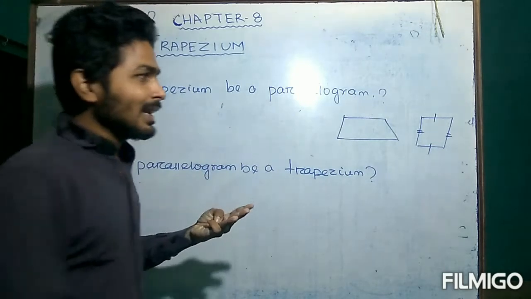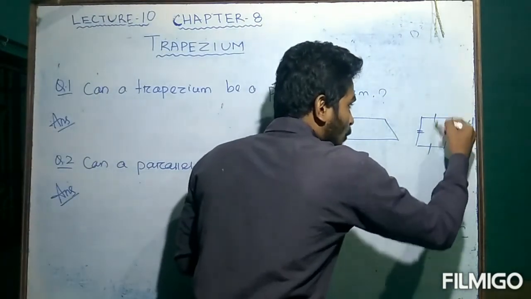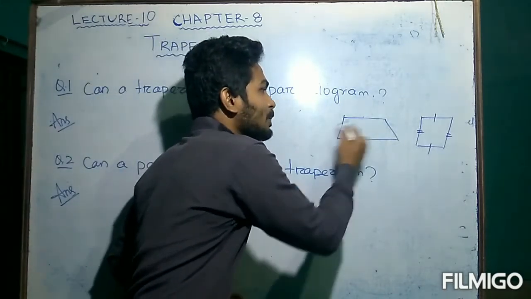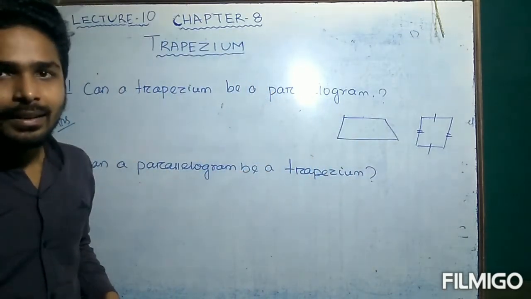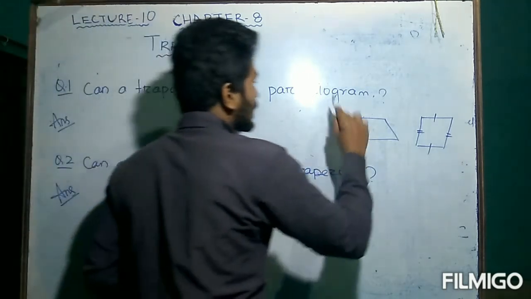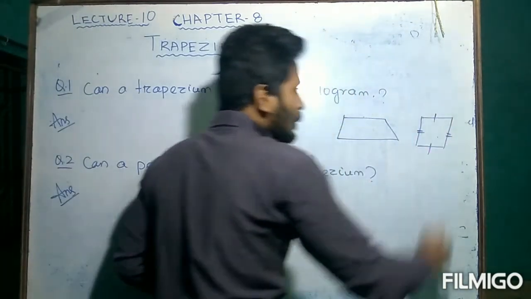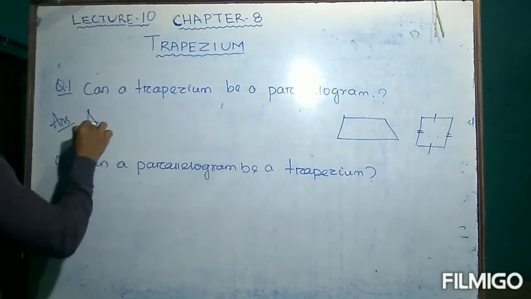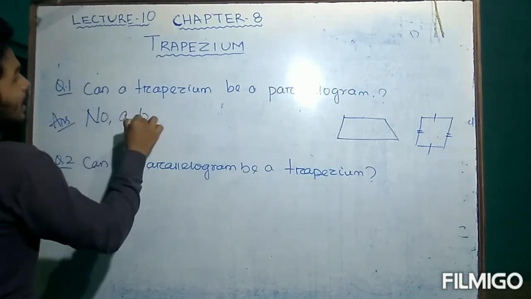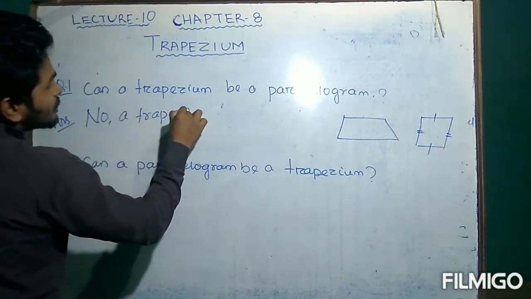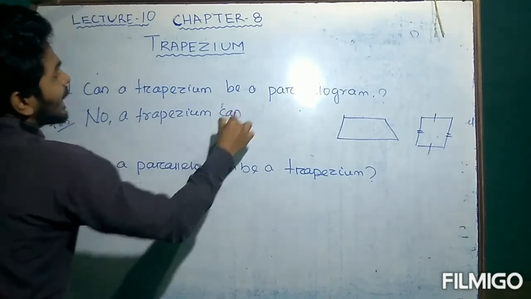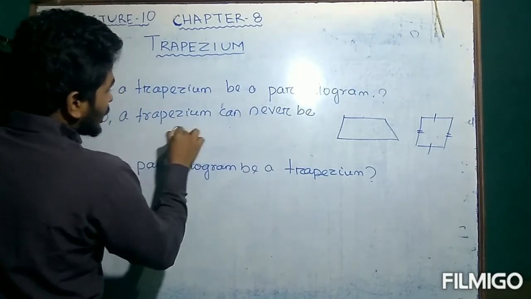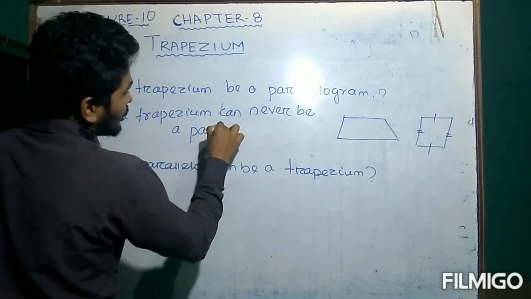In a parallelogram the opposite sides are parallel, but here only one pair of opposite sides are parallel and the other pair are non-parallel. That means a trapezium does not follow all the properties of a parallelogram. So a trapezium can never be a parallelogram. You can write no, a trapezium can never be a parallelogram.